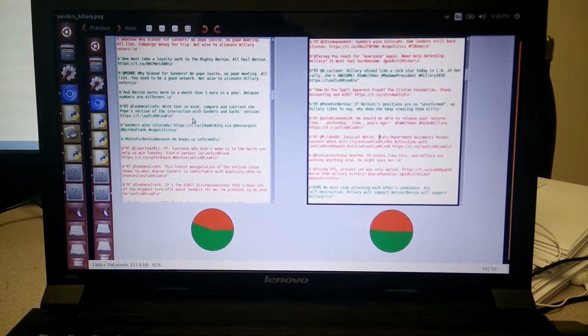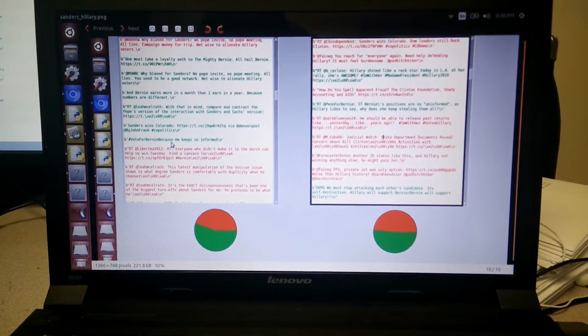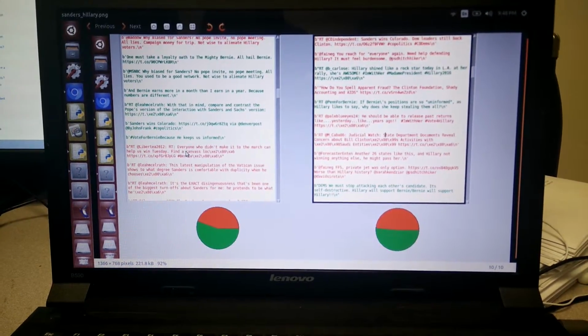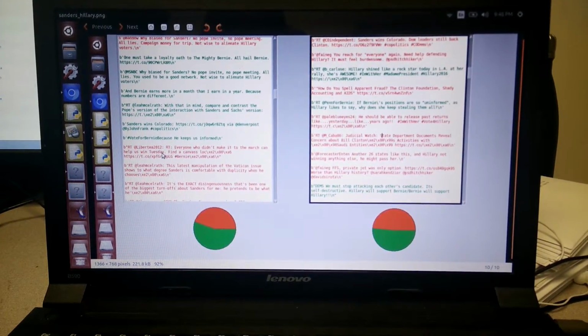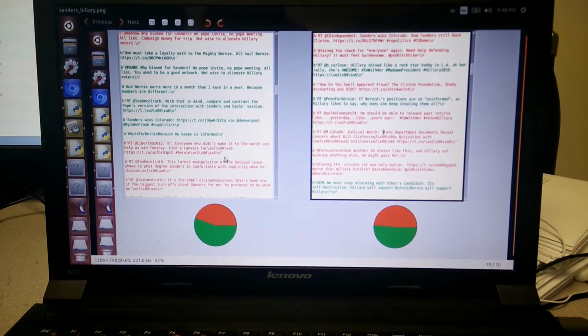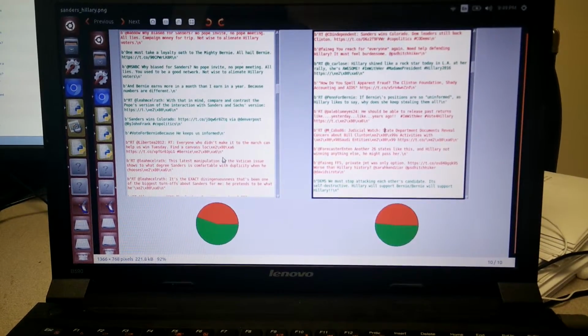Vote for Bernie, that's a positive tweet as well. Let's see this one: everyone who did not make it to the march can help us win Tuesday, find a canvas, Bernie. This might be a neutral tweet, so not much can be inferred from there.